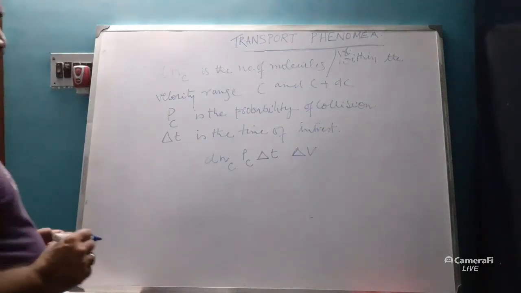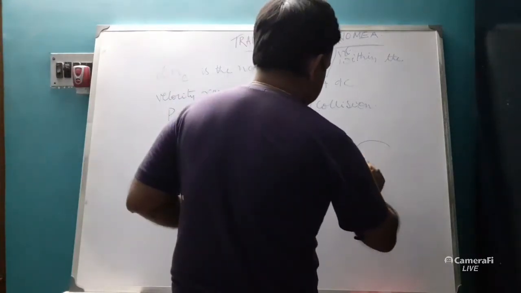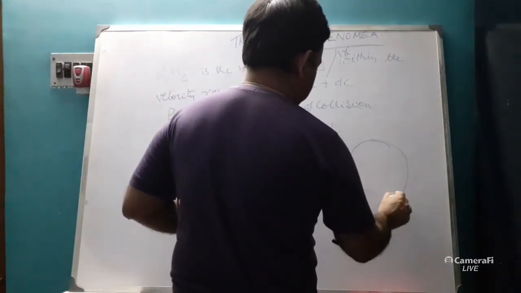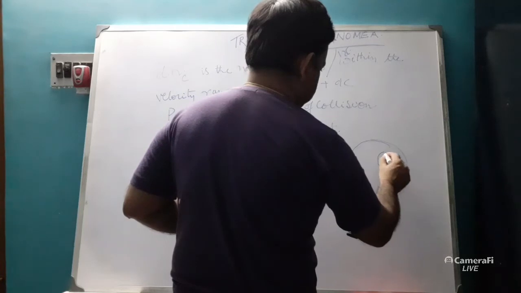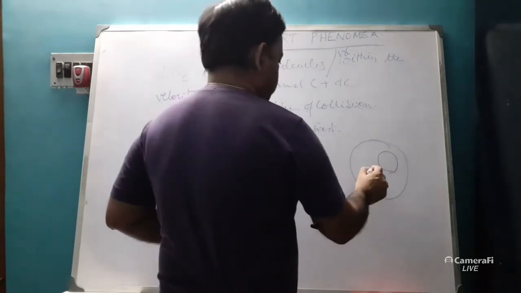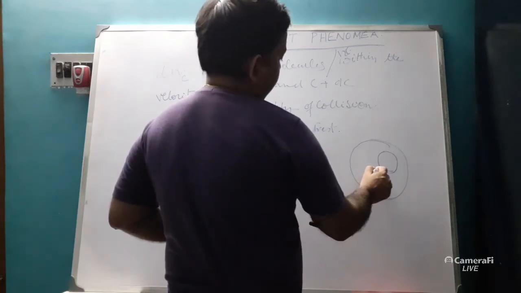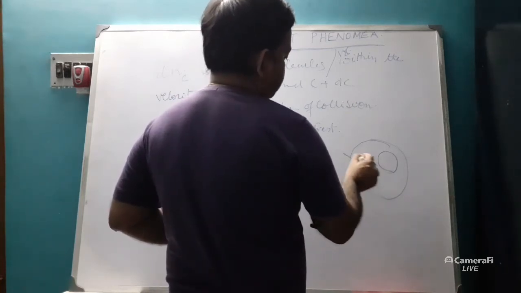So now, for this volume under consideration, we consider a surface S, and our point is over here, and from this point, the particles have all equal possible directions to move.